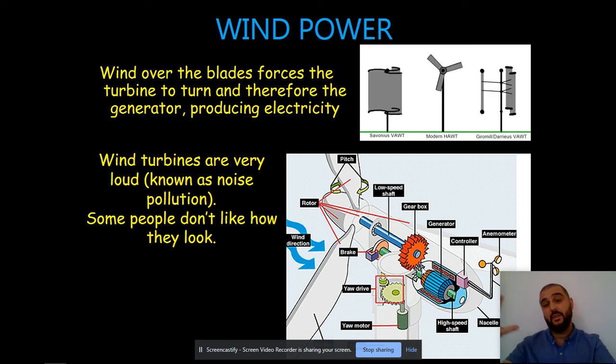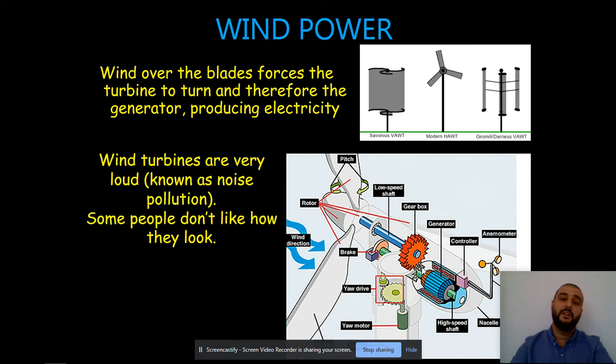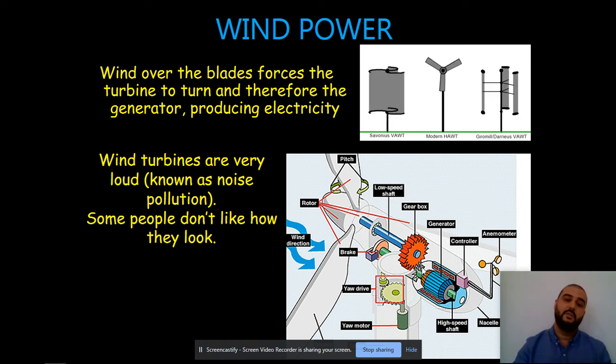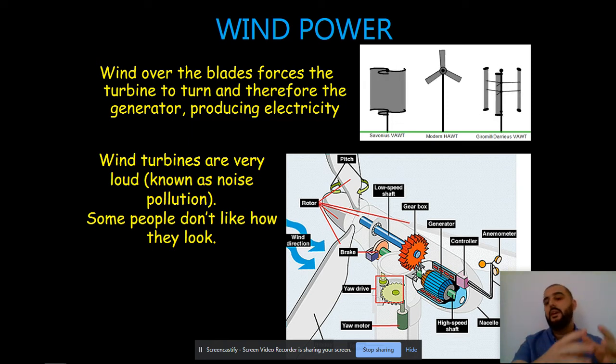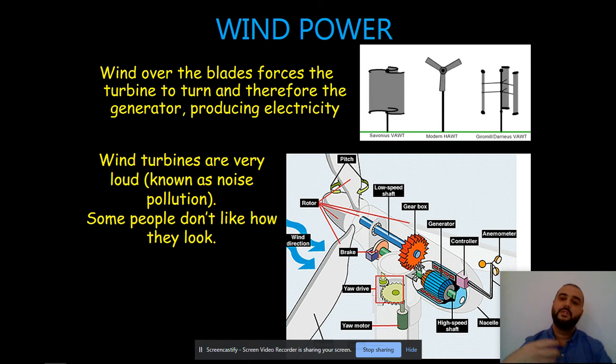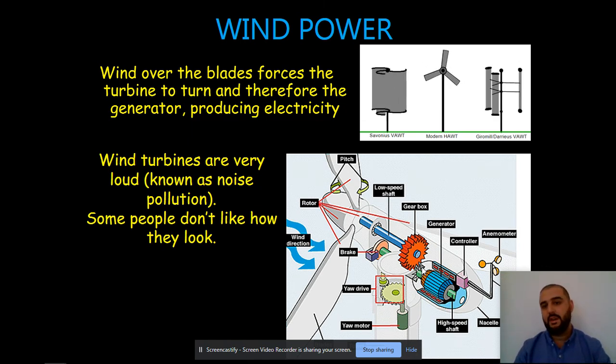That's something that you're going to be looking at in more detail in year 11. How does a generator actually work? But for the time being, you just need to know that the blades are spinning, and this powers the generator, which then generates the current and travels down wires, cables connected to the national grid.